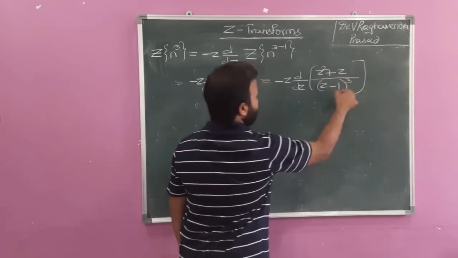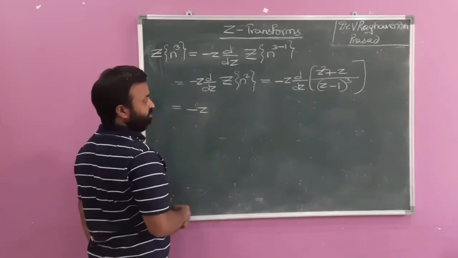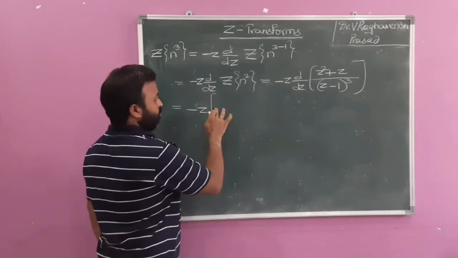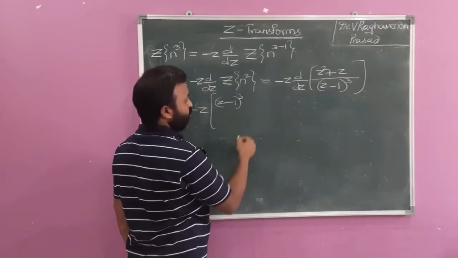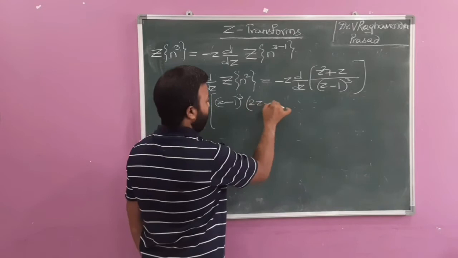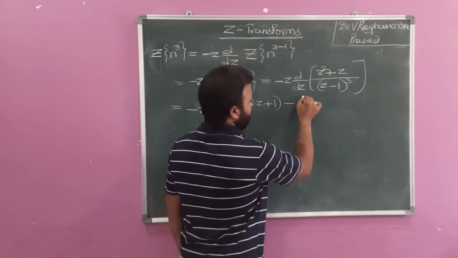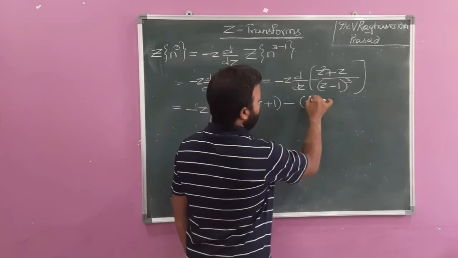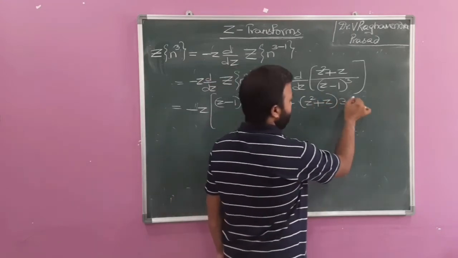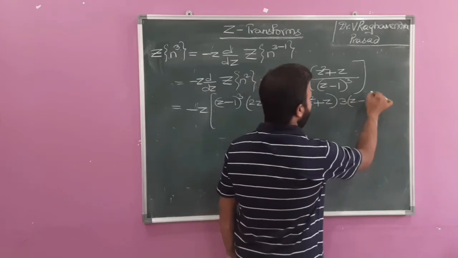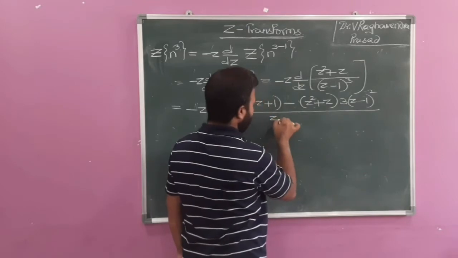Now again, by using the differentiation of u by v formula, we get minus z into v into u dash, that is z minus 1 whole cube into 2z plus 1, minus u into v dash, 3 into z minus 1 whole square, by z minus 1 whole to the power of 6.